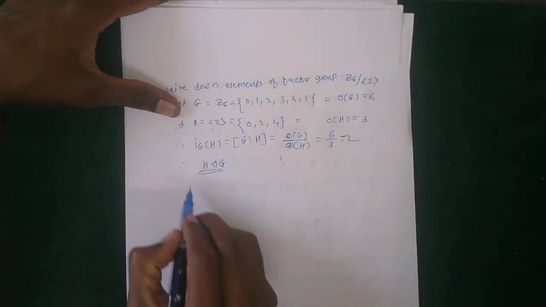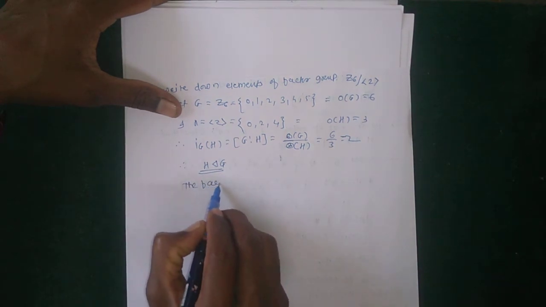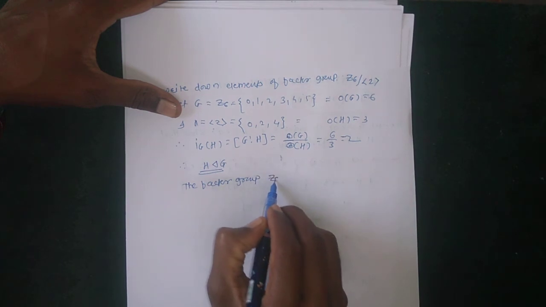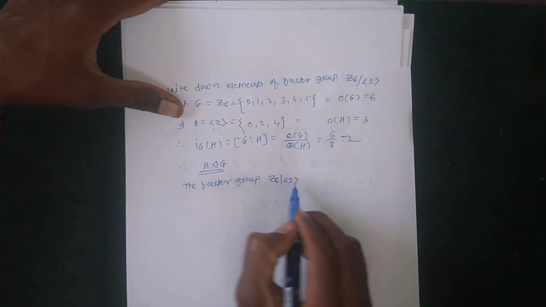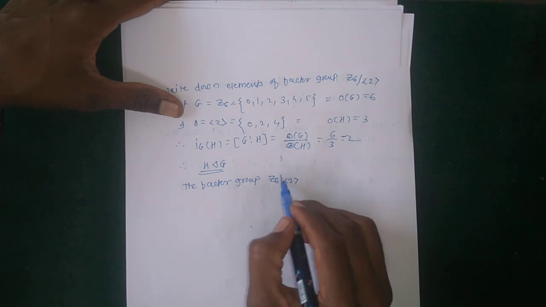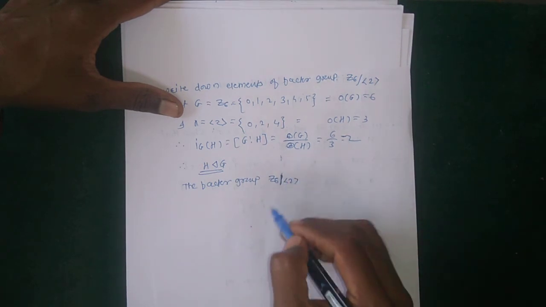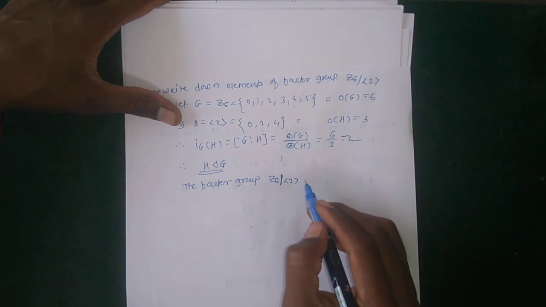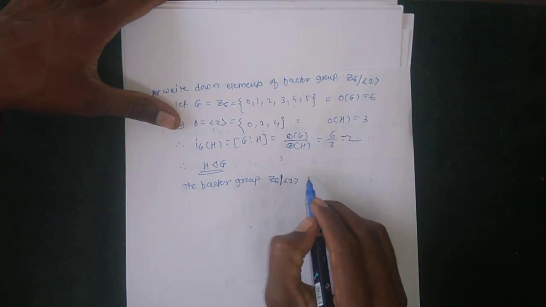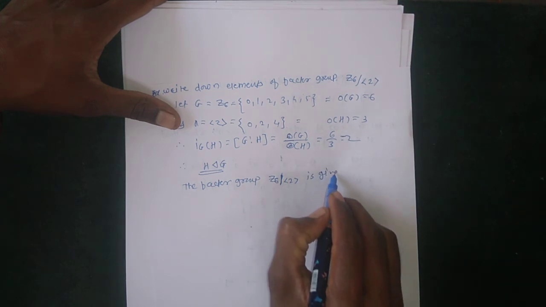So the factor group Z6 over the subgroup generated by 2 is also written as Z6 divided by the cross sign of 2. It is given as follows.